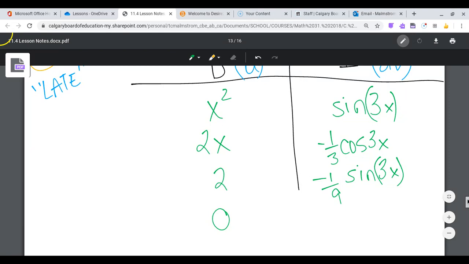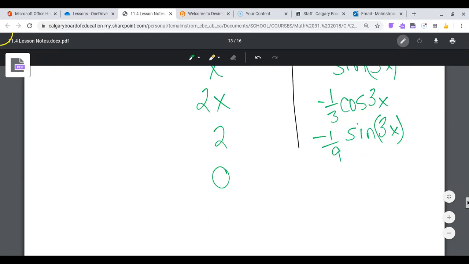And then the antiderivative of sine is negative cos, I know I just wrote positive, of that, divided by 3, so I have a negative 1/3 times a negative 1/9, so positive 1 on 27. Okay, you can double check my math on those.